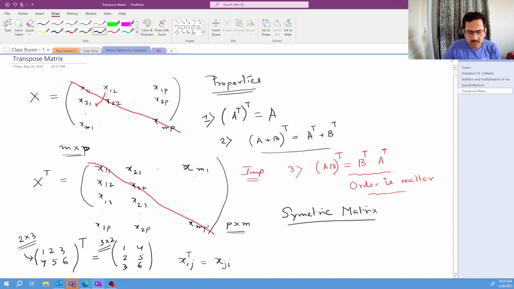A symmetric matrix is one where A transpose equals A. When this property is satisfied, that is called a symmetric matrix.